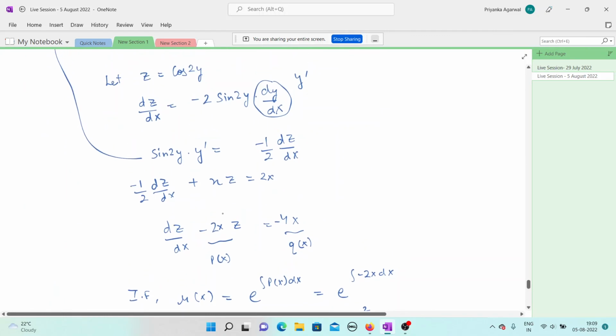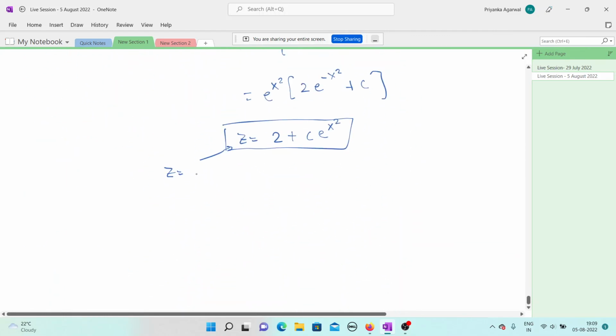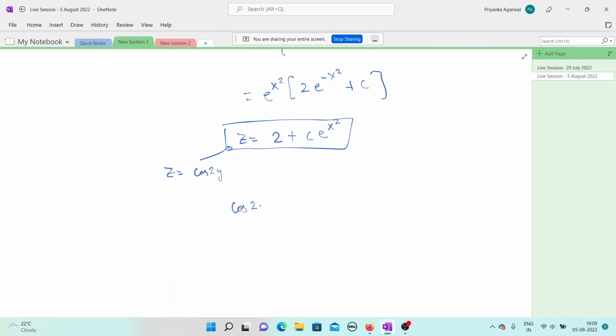We have taken z as cos 2y. So the solution will be cos 2y equals 2 plus c e to the power x square. This is the solution, but it is in implicit form. So this is your final solution.